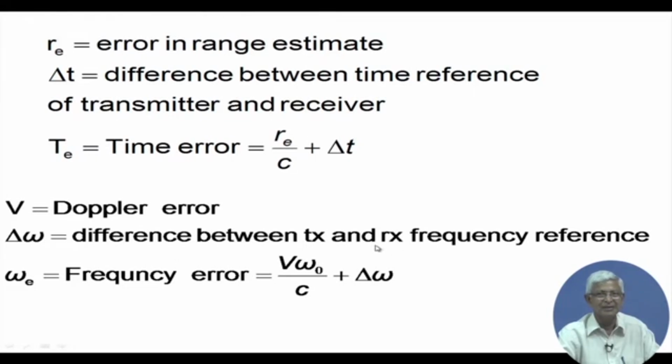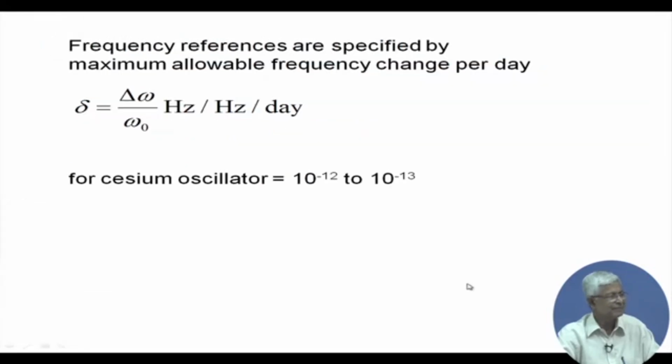As I said, in the case of time there is a frequency reference which may have some difference, and so omega e, the frequency error, is the Doppler, v omega naught by c, plus delta omega. The plus could be plus or minus, depending on which direction it is going.